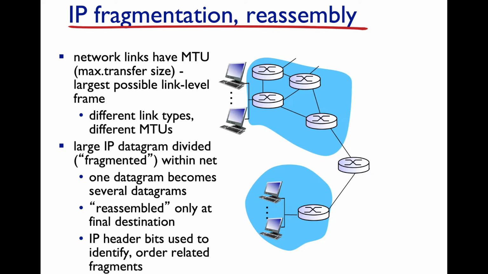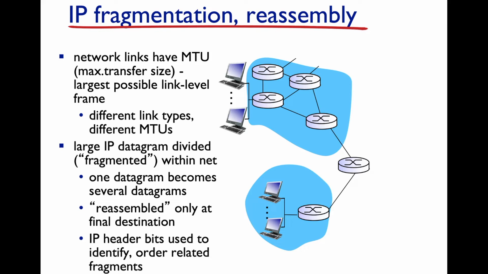Well, what happens in the network layer, specifically in IP, the Internet Protocol, is that it divides that datagram of the larger MTU up into smaller pieces called fragments. These fragments are forwarded along, and they're not reassembled into the original datagram until it reaches the endpoint.